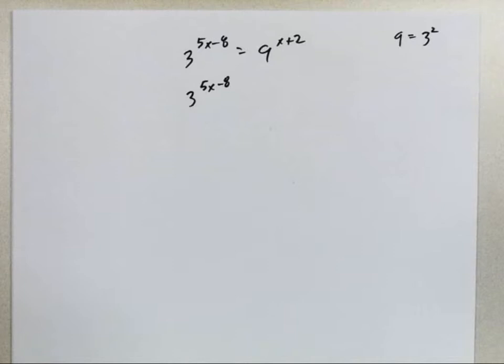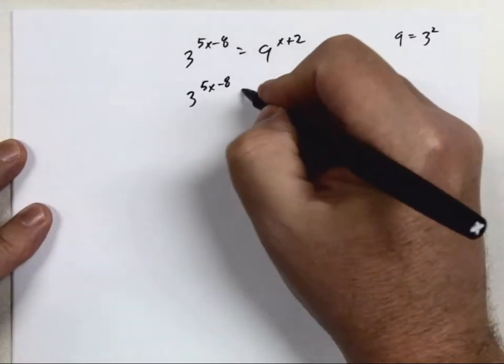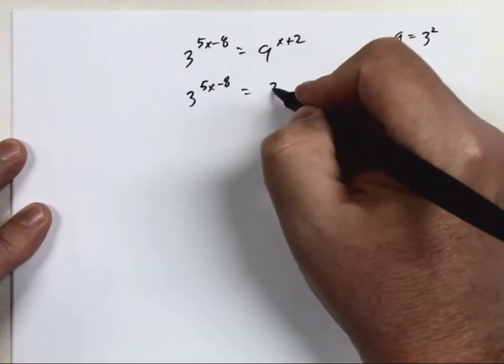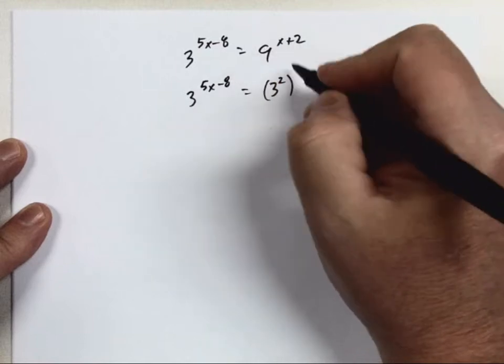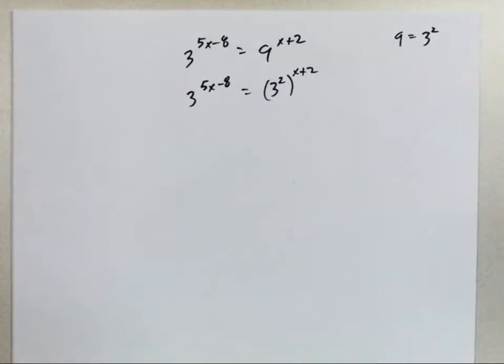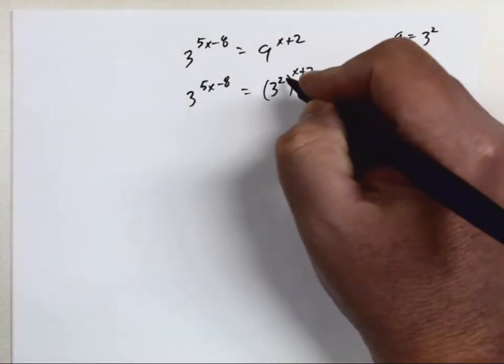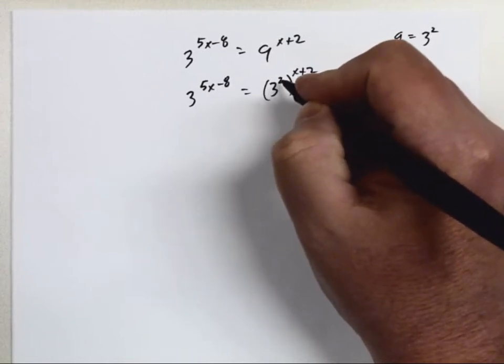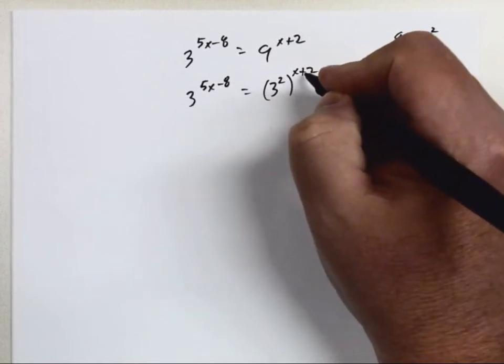So I have 3 to the 5x minus 8. So 9 is 3 squared. So it's almost like 3 squared raised to the x plus 2 power. Now here's where you have to remember some of your exponent rules. Inside here I have an exponent 3 squared raised to another exponent.